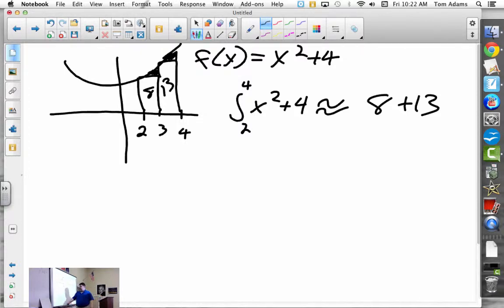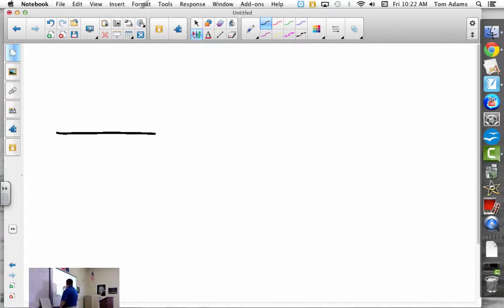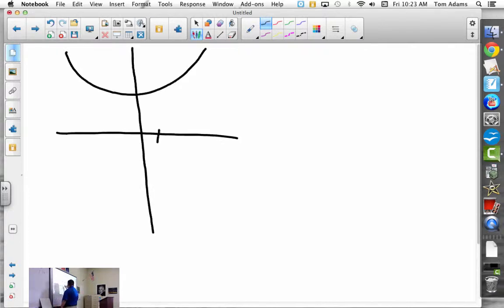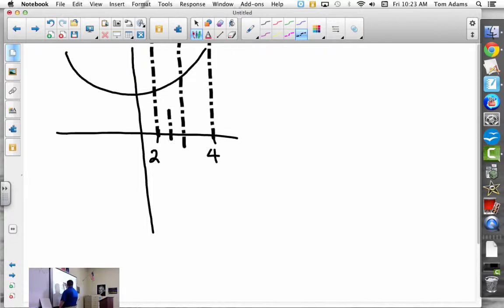So here's what I propose. Watch what I'm about to do. You guys ready? Same graph. We did something like this, and something like this, and something like this, right? What if I were to make 4 rectangles?